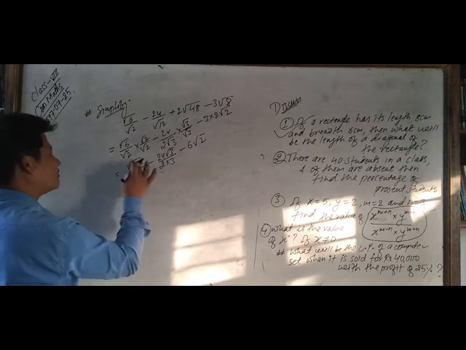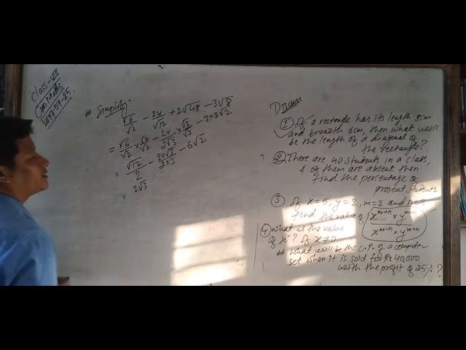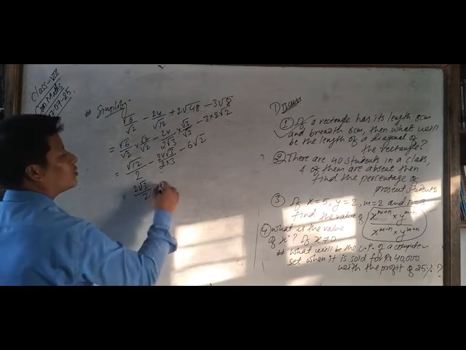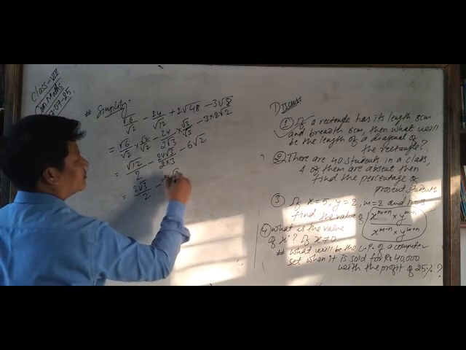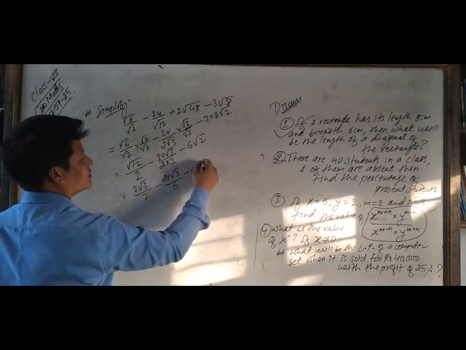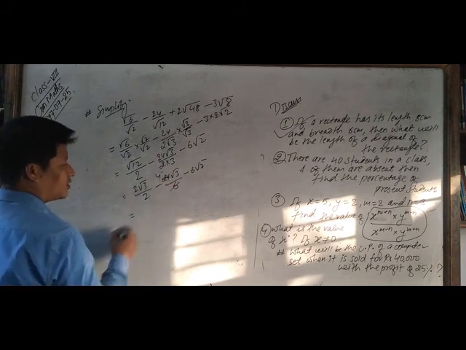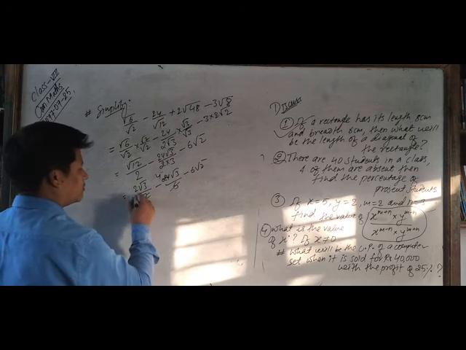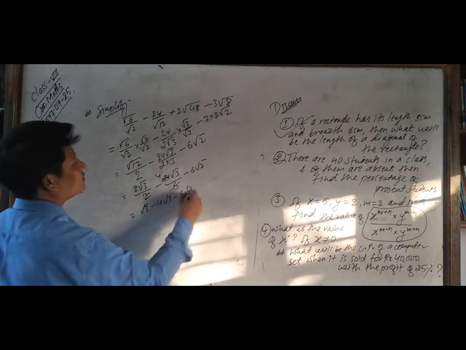Okay, now 12, that is 4 3s are 12, so 2 times the square root of 3 can be written here over 2, minus 24 root 3 over 3, minus 6 times the square root of 2. Now 6 4s are 24. Now the 2 cancels: root 3 minus 4 times root 3 minus 6 times root 2.